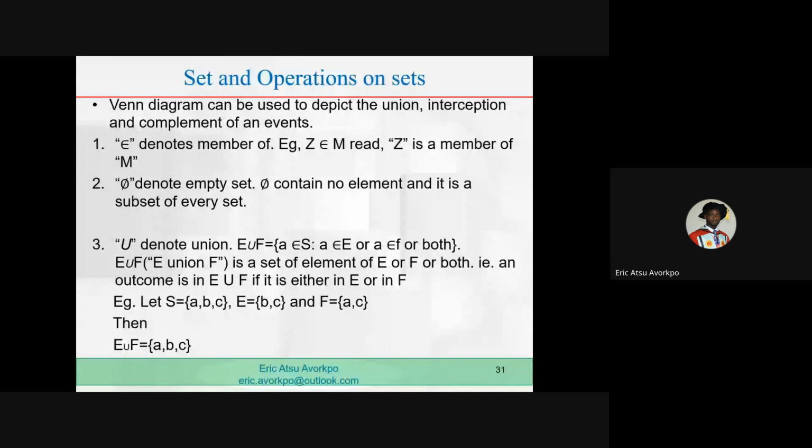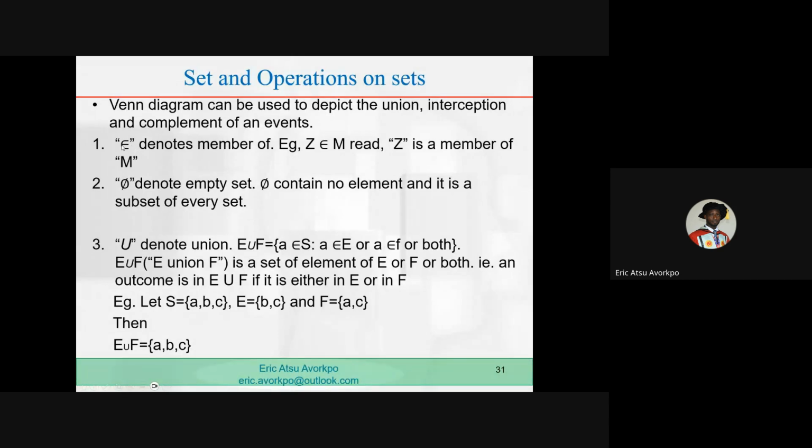Now, we often use this Venn diagram to depict some of these set operations. It's a very powerful tool that we use to learn basic probabilities, to be able to look at intersections, unions, and so on.